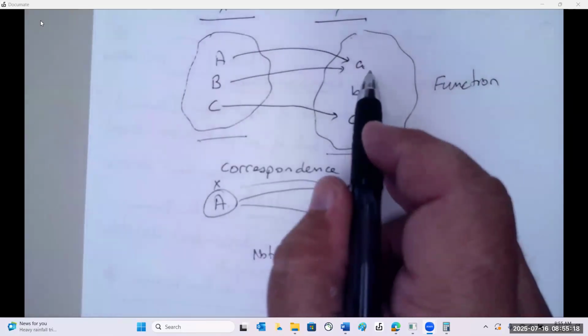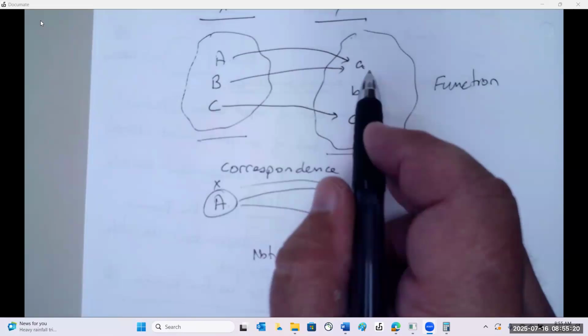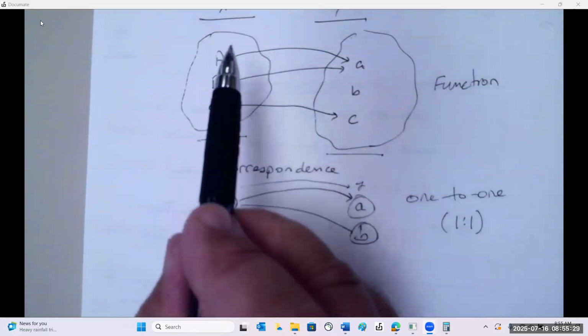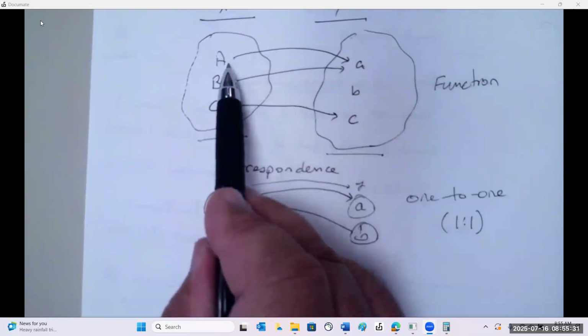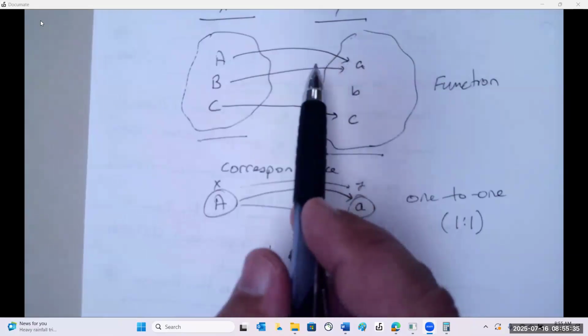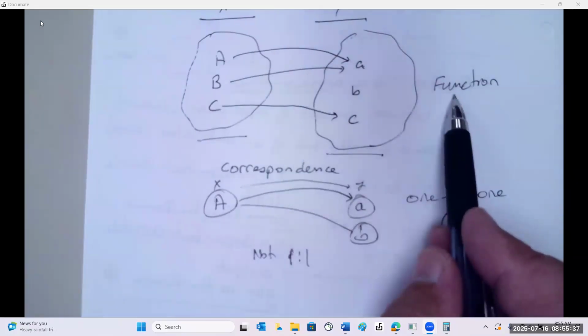Can they all go to the same Y value? Would that be a function? Because a function, remember, is a correspondence from an input, which is X, to an output, which is a Y. One and only one. That's a function.